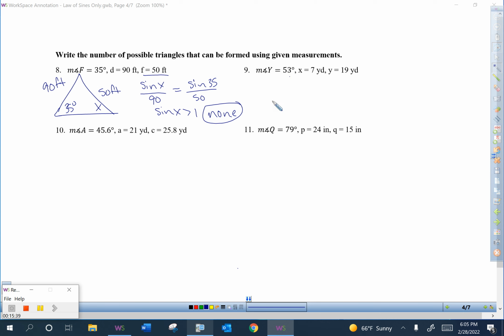We're going to do the same thing on this next one. Just drawing out a picture, 53 degrees here. Y goes across from it, so that's 19 yards. And then the second side gets to be 7. X goes across from that, and we set it up similarly to the last one. Sine of x over 7 equals sine of 53 over 19.